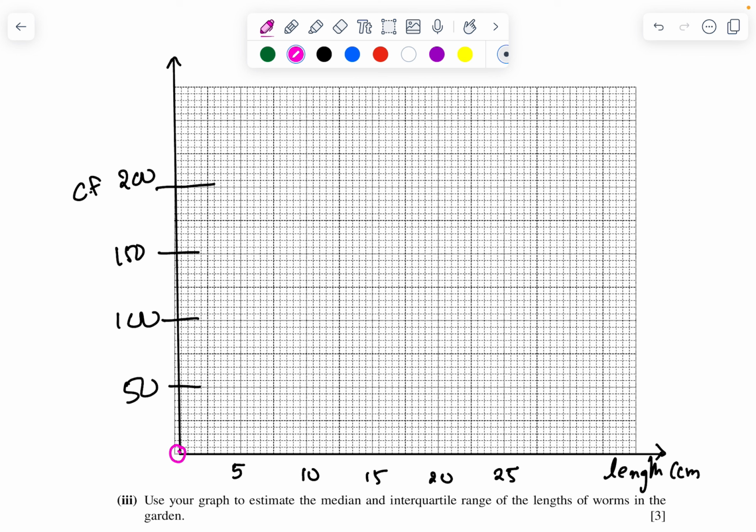Now when it is 0, it is 0. Then when it is 5, it is 10. So the gap is 50, and there are 10 parts, so each part is 5. So when it is 10, then for 10 it is 50. Then for 20 it is 170, and for 25 it is 200.